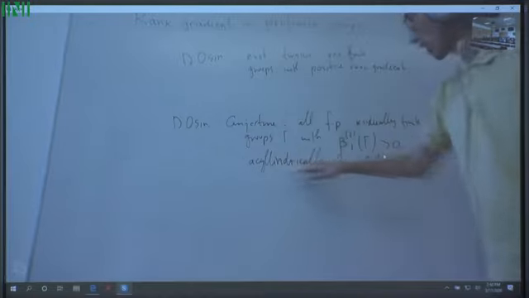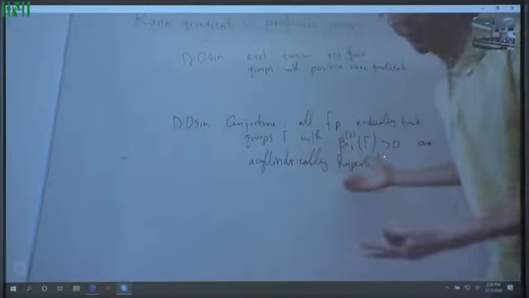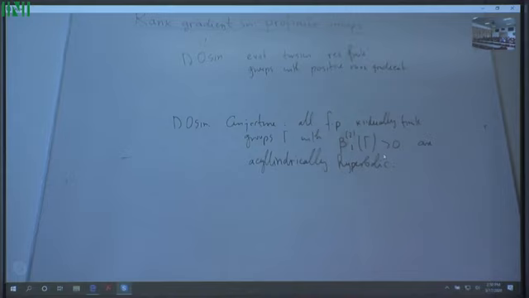Cylindrical hyperbolicity is a generalization of hyperbolicity. And again, in some sense, it says the groups are large, right? So they contain free groups and so on.